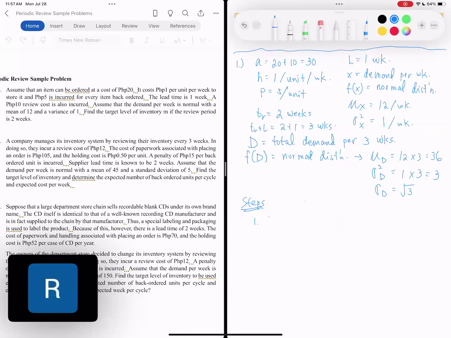So the critical ratio will have an integral from M to infinity, f of D, dD.